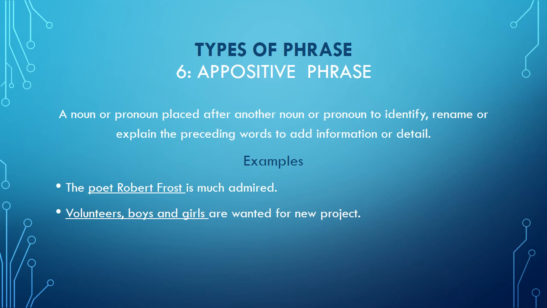In other words, an appositive is a noun or a noun phrase that sits next to another noun to rename it or to describe it in another way.